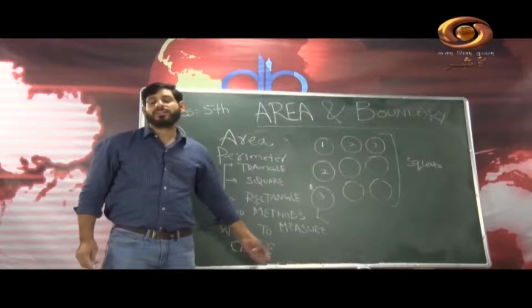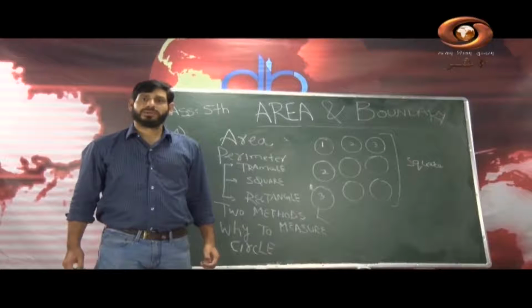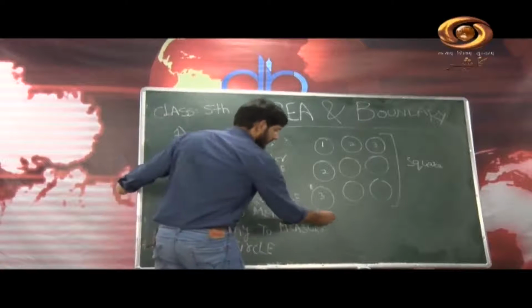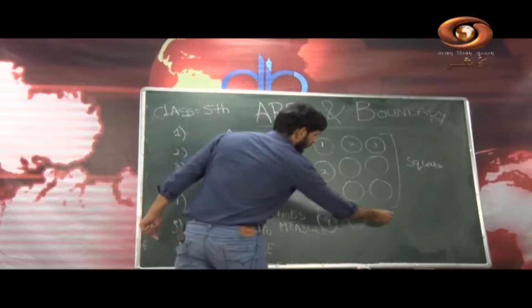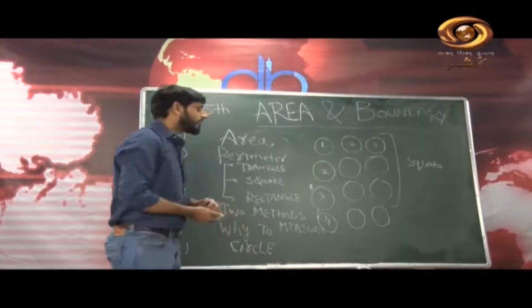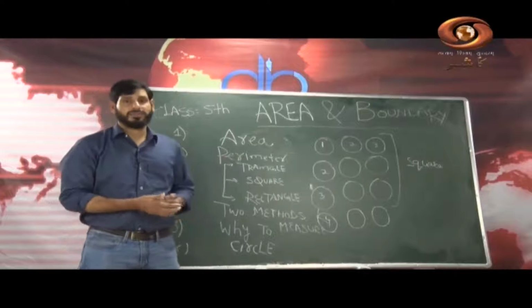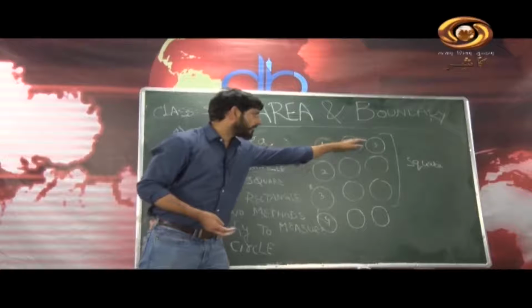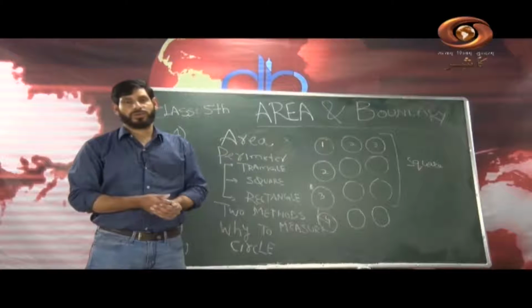Now if I add one more row to the already existing figure, it will become a rectangle. Suppose this is the 4th row. Now this does not remain a square anymore, it becomes a rectangle, because here we number it from 1 to 3 and from here we number it as 1 2 3 4.